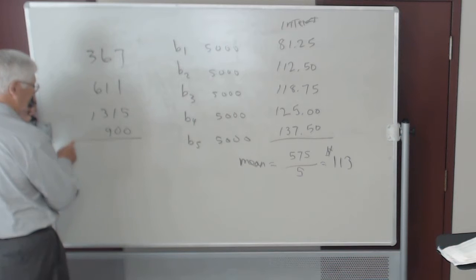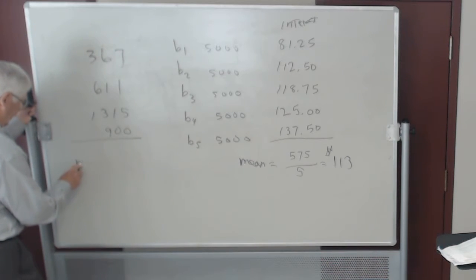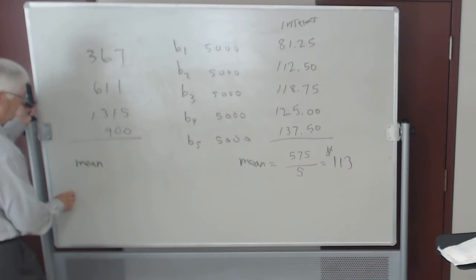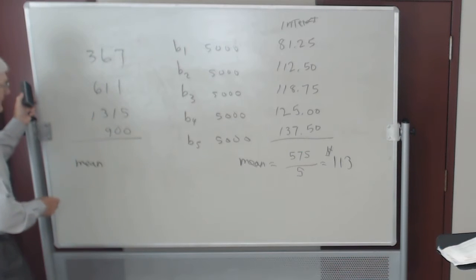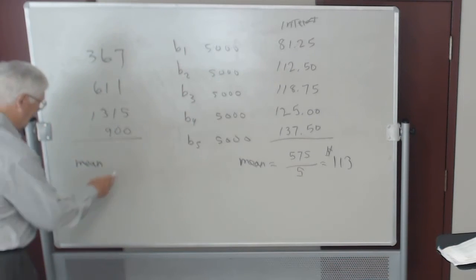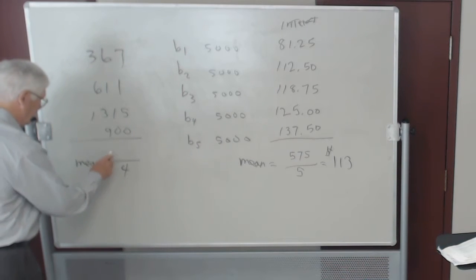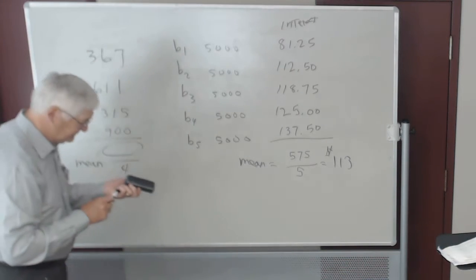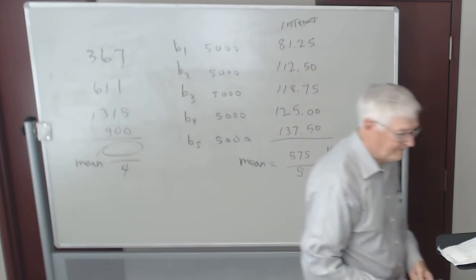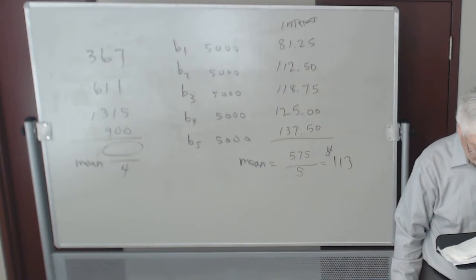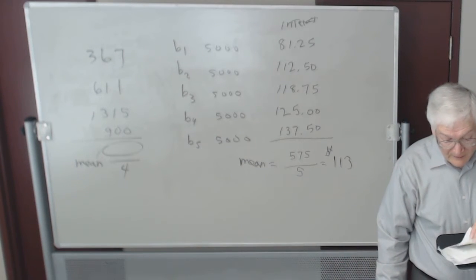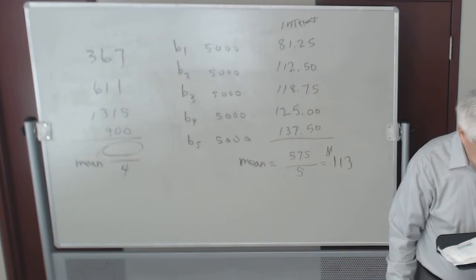Yeah, that's 4 tracts. So I do what to find the mean? You add them up and divide by 5. No, 1, 2, 3, divide by 4. Everybody follow that? Is that all they want to know?